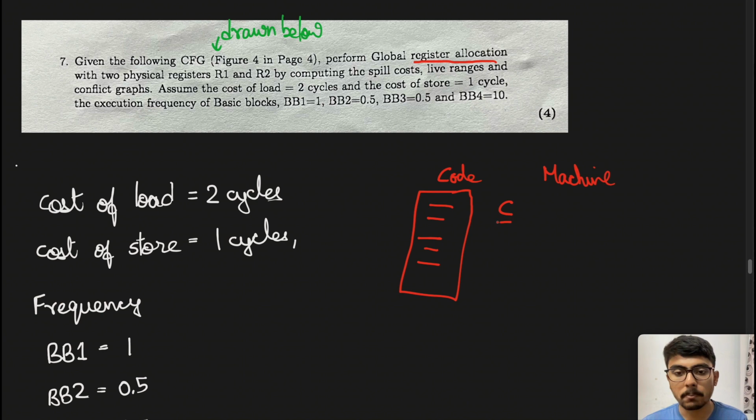So this compiler needs to translate the code from the English-like language which we write in to a machine level code, or you can say a binary or low level language, right? This language is not understood by humans.